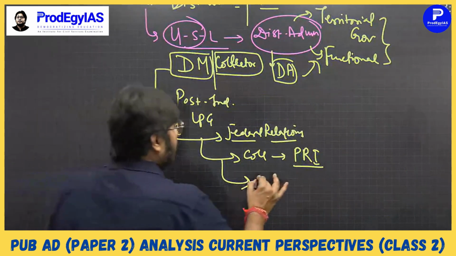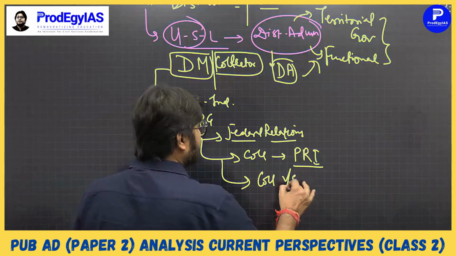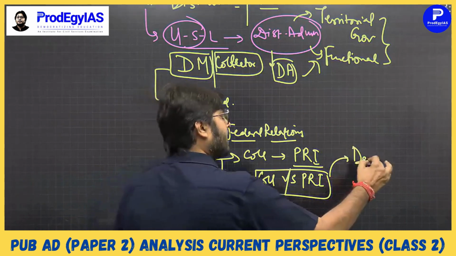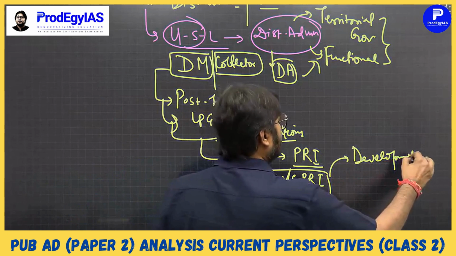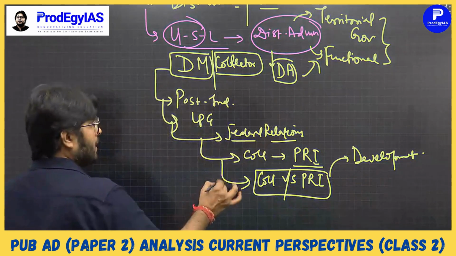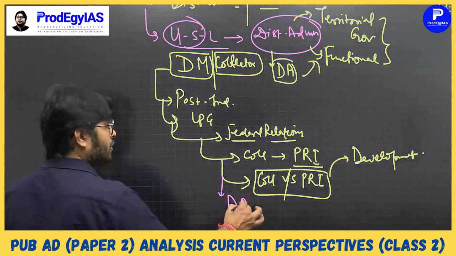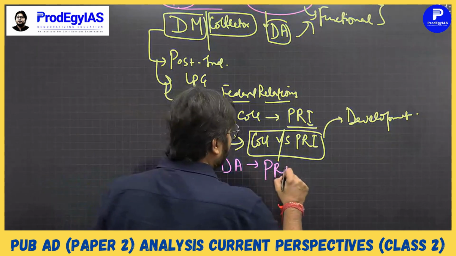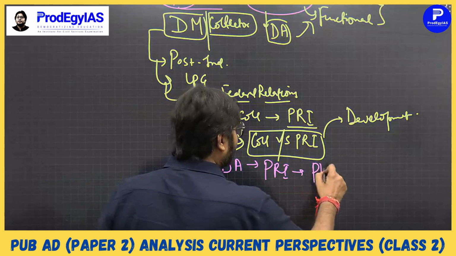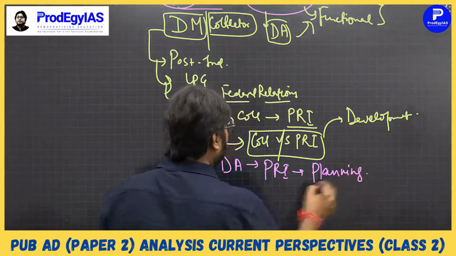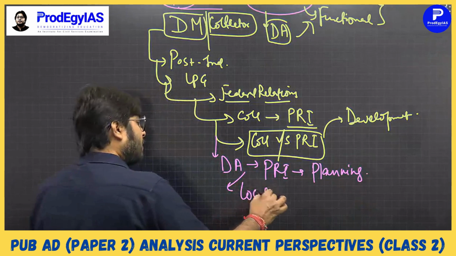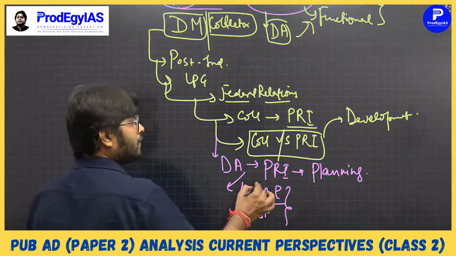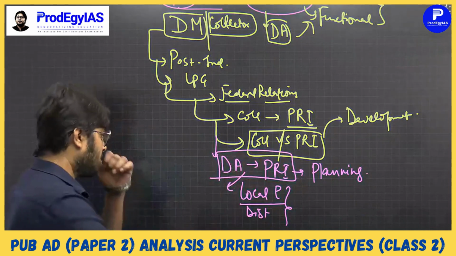Collector versus PRI, especially with respect to development. Changing nature of district administration with respect to the changing role of Panchayati Raj institutions in planning. See? So local planning, district planning, and the nature of relationship between administration and Panchayati Raj institutions.